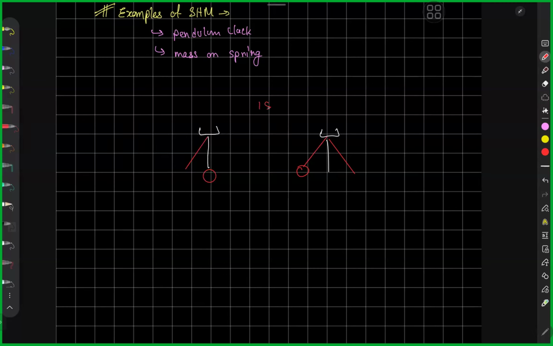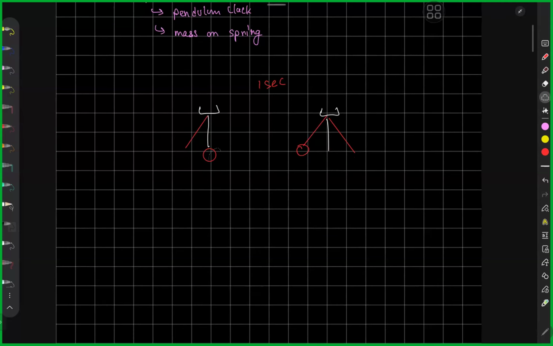So 1 second has passed. Now, next position, it will go over here. That means 1.5 seconds have passed. Again, the bob comes to equilibrium, and this bob comes to the same maxima. So 2 seconds have passed. What is the phase difference?